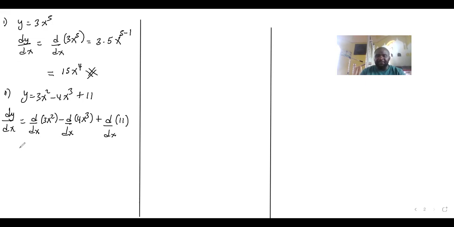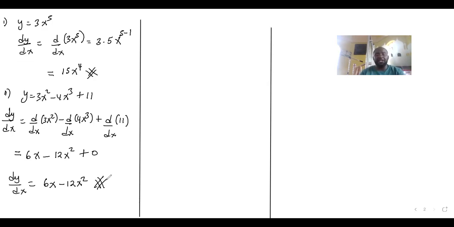Also, this one, we are writing it for the last time. The next time, everyone should just write the answer as 6x minus 12x squared plus 0. So dy/dx is actually 6x minus 12x squared. Solution.